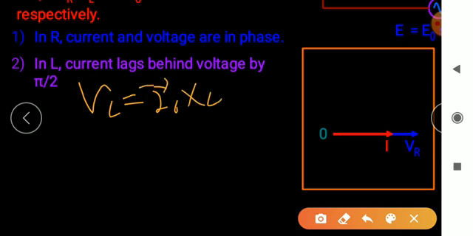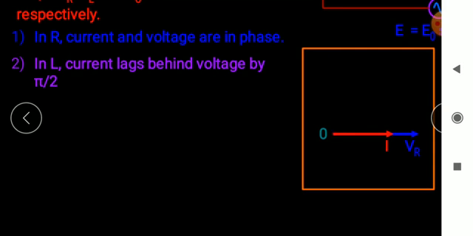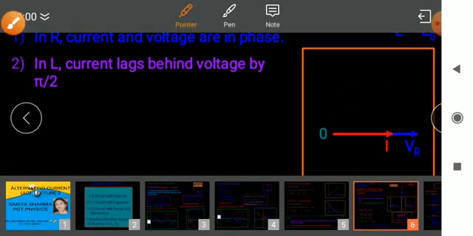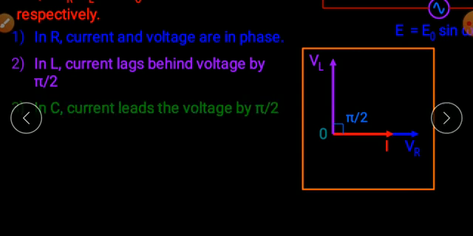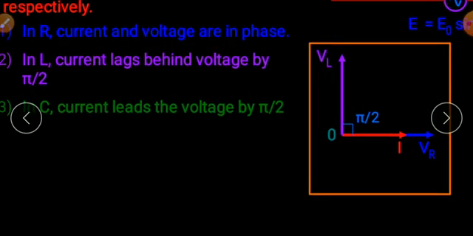As the voltage across the inductor leads the current by 90 degrees, it is represented by the line OB along OY, 90 degrees ahead of I naught. This is VL.